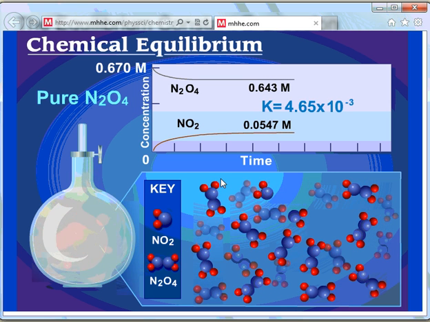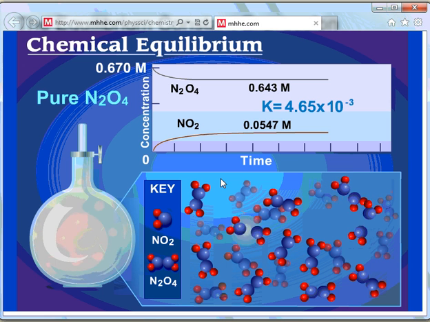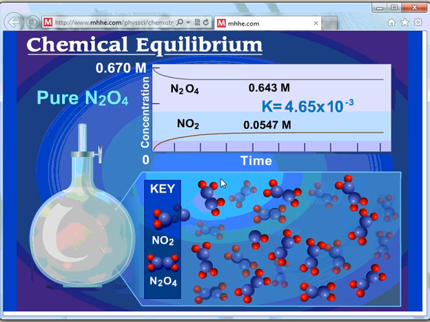If you again just make sure these numbers are not made up, the N2O4 started at 0.67 and finished at 0.643. So if we find the difference, 0.67 minus 0.643, it changed by 0.027. Then the NO2 had to change by twice as much because of the 2-to-1 ratio, so multiplied by 2, 0.054.